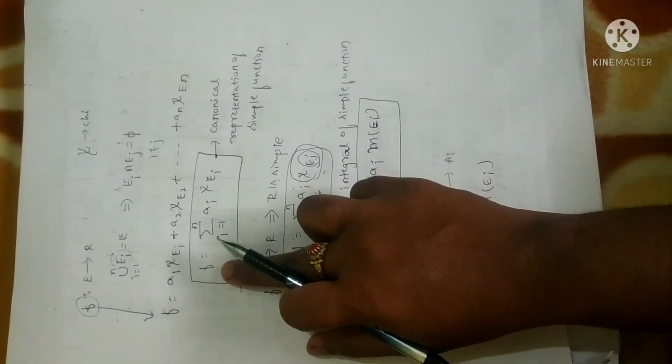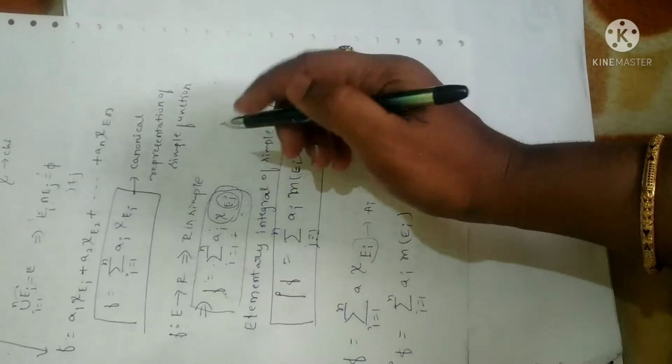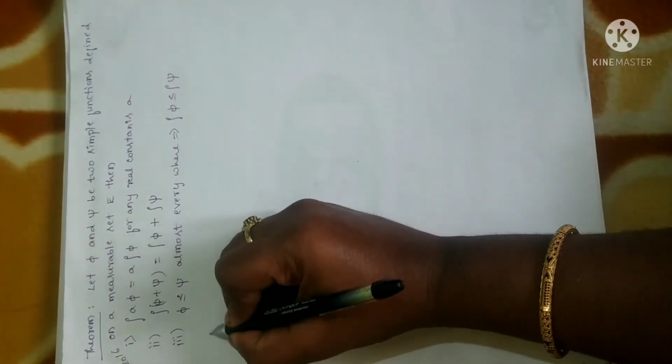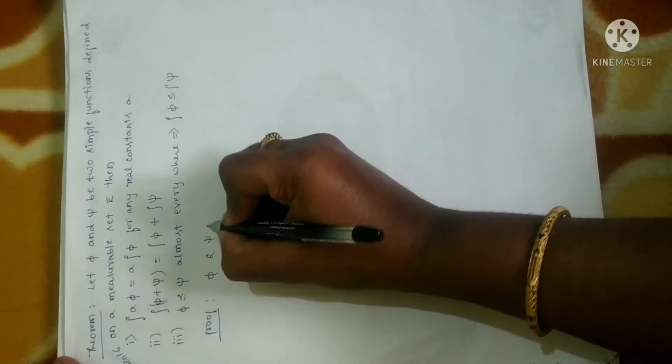So just now I have told you, if f is any simple function, we can express it in the form of canonical representation. See here, if f is a simple function, we can write it in a canonical form. So I am going to apply the same here. So phi and psi are two simple functions. Given that, let me prove. Given that phi and psi are simple functions.